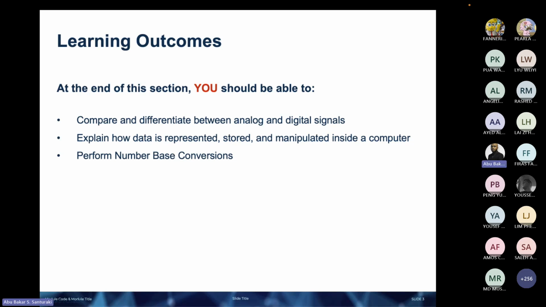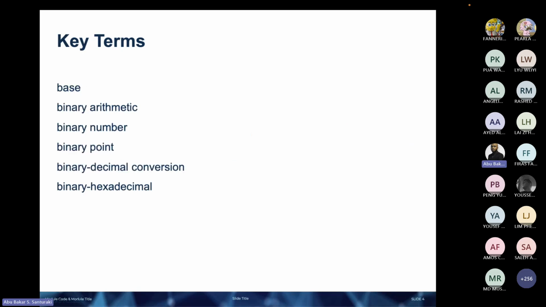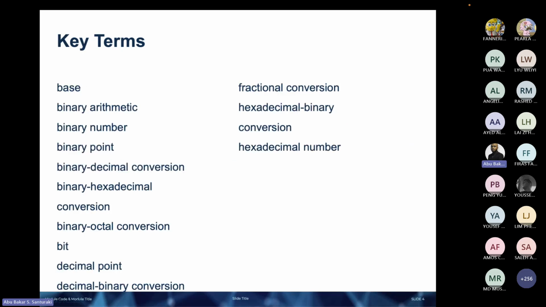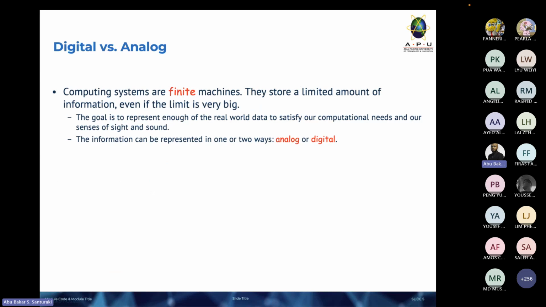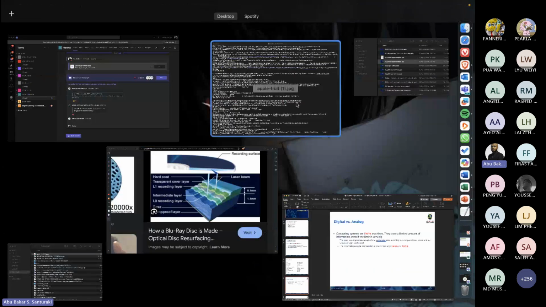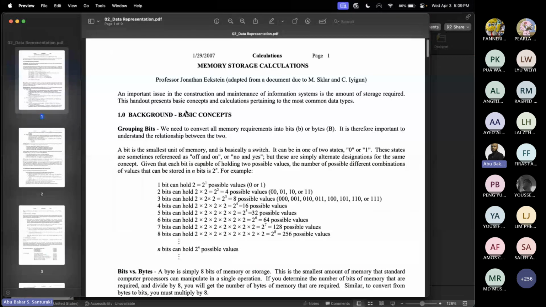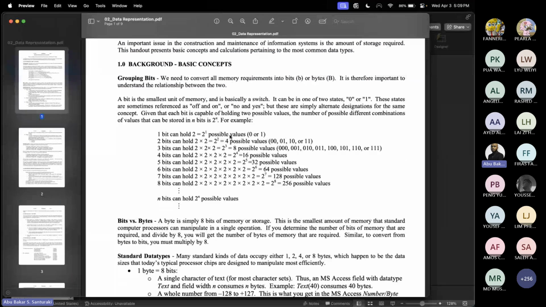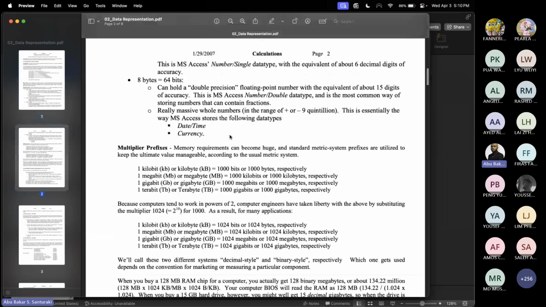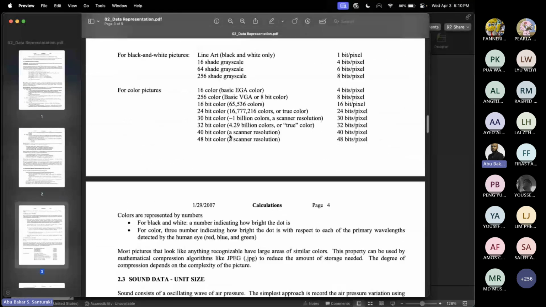All right, good. So here are a couple of key terms that you should be familiar with. I also gave you a document. Let me just open up the document real quick. I gave you a document that summarizes the basics of data representation and how data is actually stored and manipulated inside the computer. It's about 6 pages.